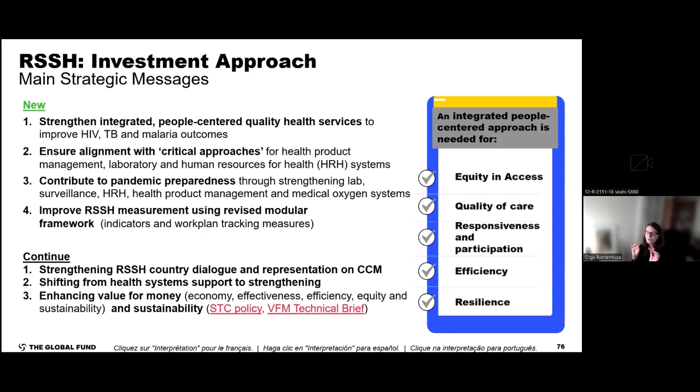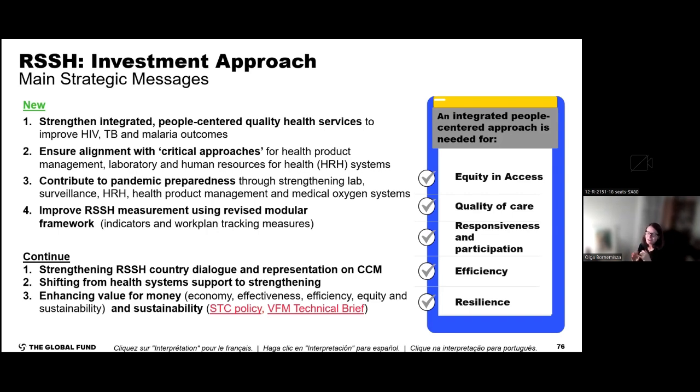And in the modular framework, these modules are labeled as RSSH/pandemic preparedness. So you can easily see which ones these are. Of course, the C19 funding will continue, and last week at the board, it was extended to the end of 2025. So the C19 funding should also be used, of course, to continue to strengthen the pandemic preparedness.